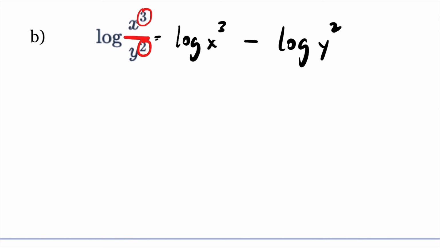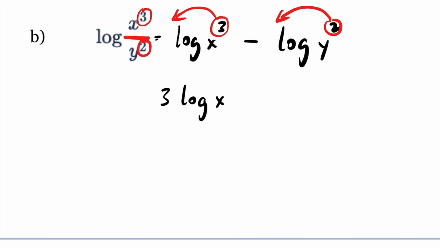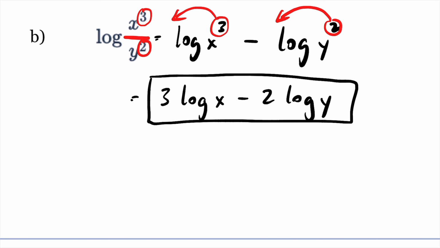Okay. Now I can do power because I finished this. That's my last step. My last step is the power now. So I move the 2 and 3 in front, and I got 3 log of x minus 2 log of y. Okay, that's expanded as far as it can be expanded.